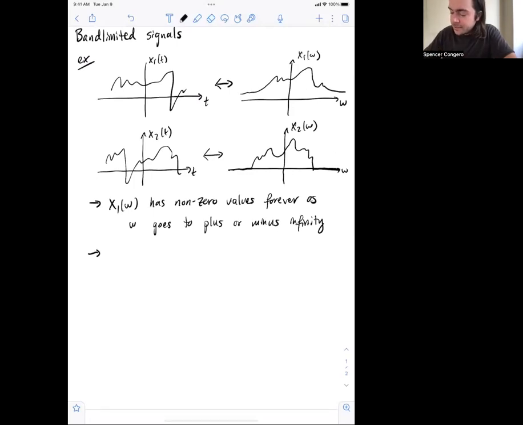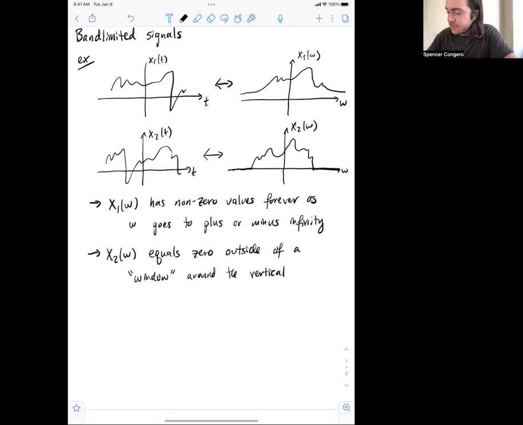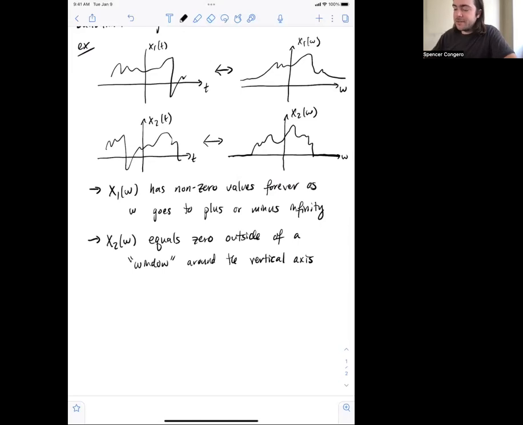But for now, that is a true statement about x1, and x2 of omega actually equals zero outside of a window around the vertical axis. So these are the two properties of those Fourier transforms I wanted to highlight. And that's going to lead into our definition now of what band limited means precisely.